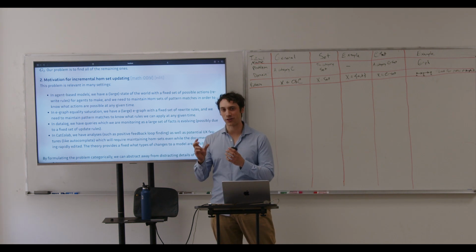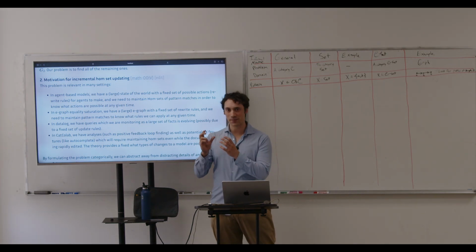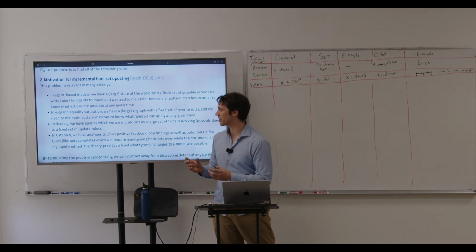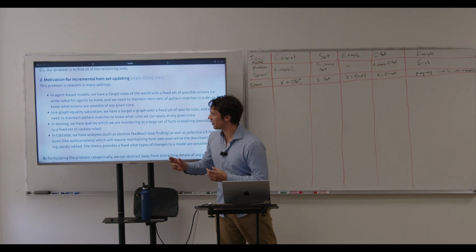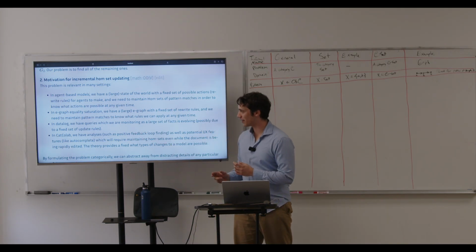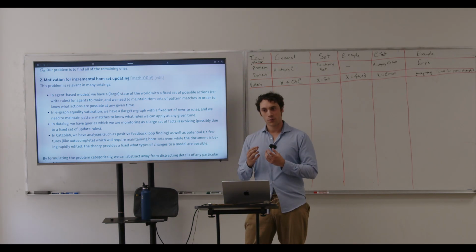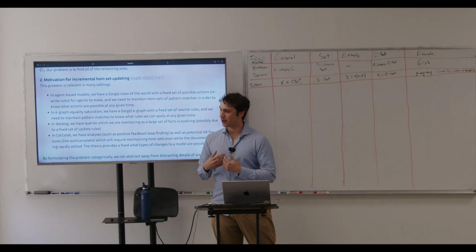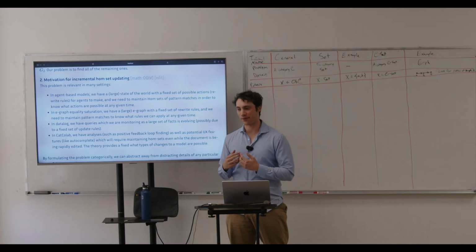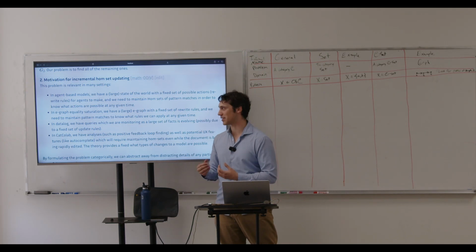We also want to be monitoring these hom sets, which are telling us which rules can we possibly apply. There might be an application in Datalog analysis, and also in CatColab, which we're developing. There's lots of affordances that will come about from knowing what certain hom sets are.